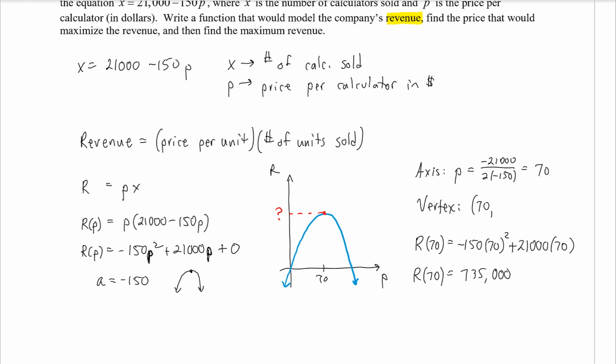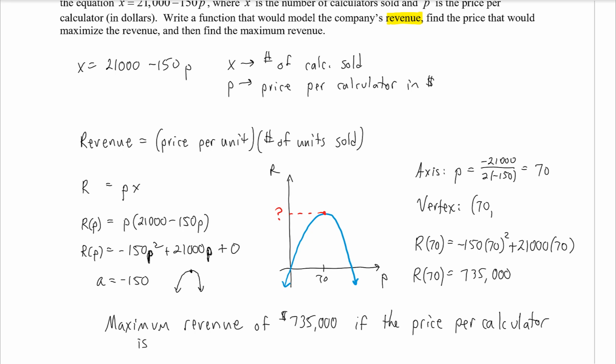So there's a maximum revenue of $735,000 if the price per calculator is $70.